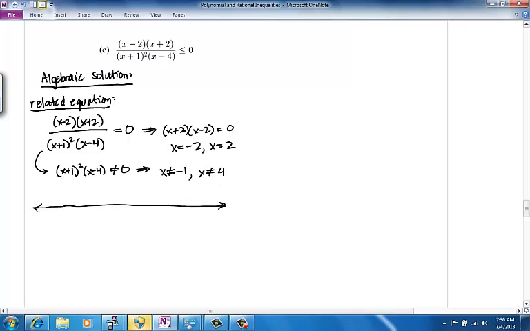So our number line, we want to put the values -2, -1, 2, and 4, and we want to pay close attention to 4 and -1 because they're zeros of the denominator.